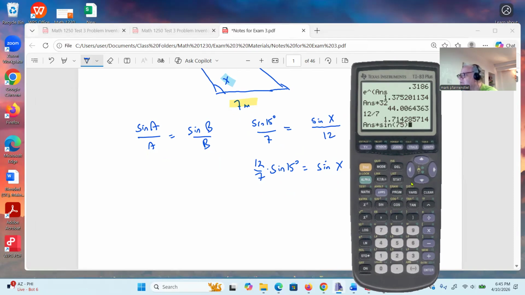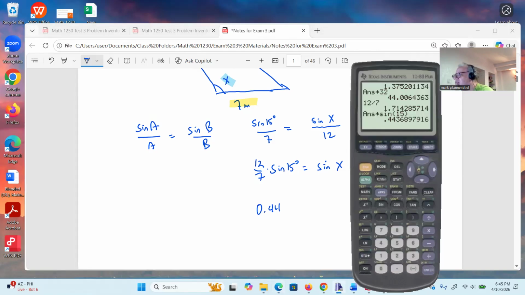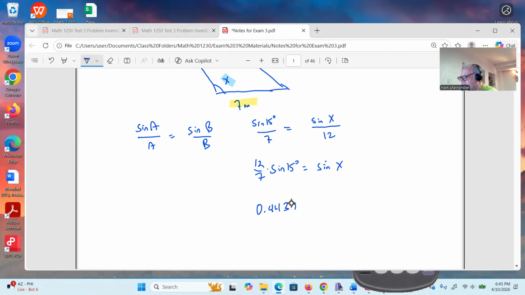We'll write this to 4 decimal places as an intermediate value. Normally I'd leave it in the calculator, but for the sake of showing how to do this, it's 0.4437, and that is equal to sine x.